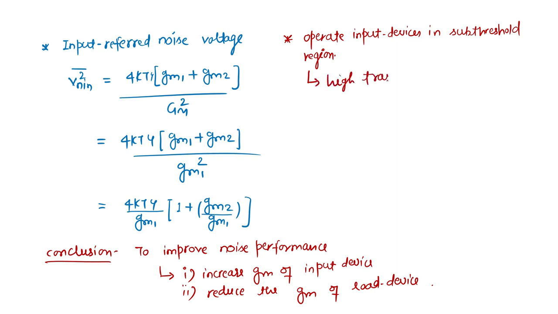And reducing the GM of the load device is simple.